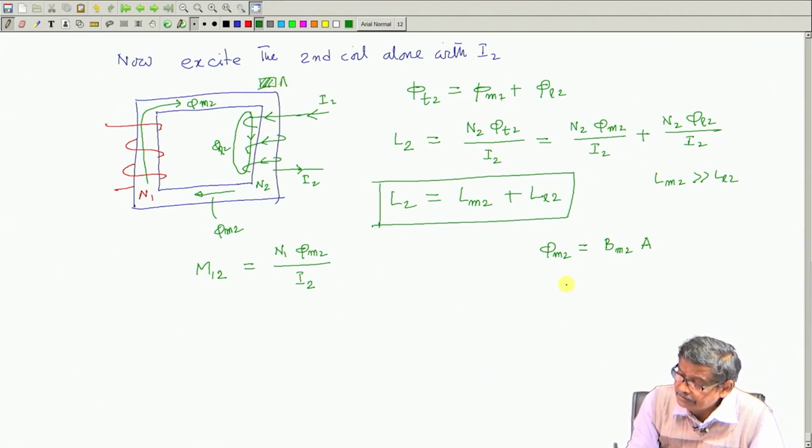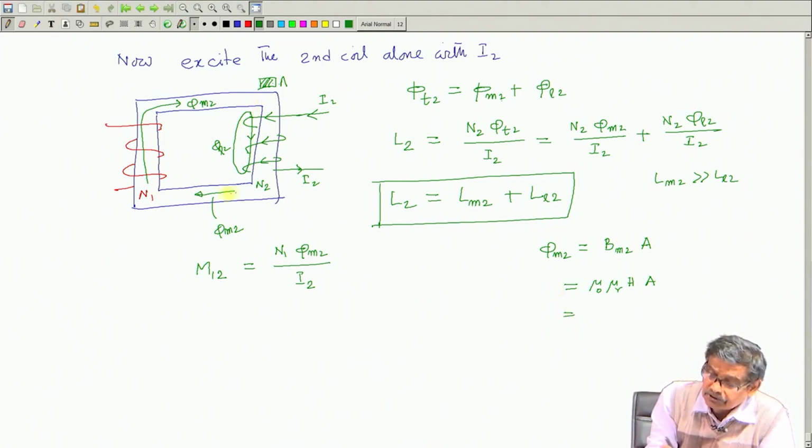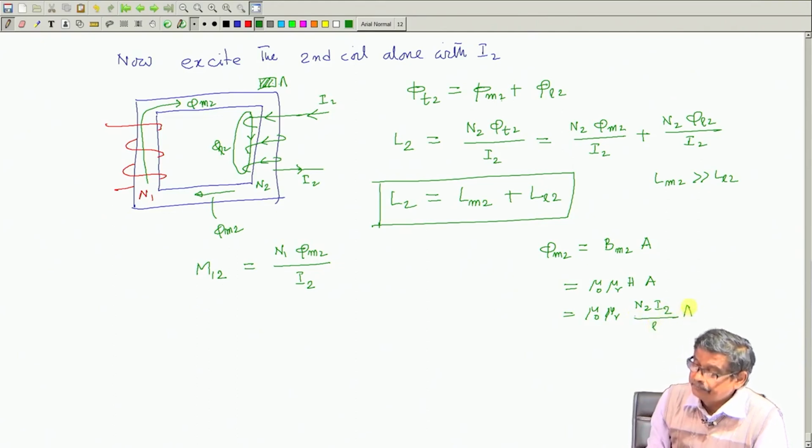So, B m2 is equal to mu 0 mu r into H, and H is N i by L. The length of the mutual flux path remains the same. So, mu 0 mu r into the MMF, N2 I2, by L, into A. So, phi m2 is this.